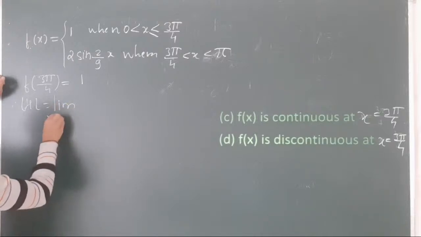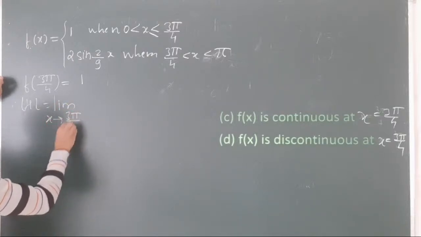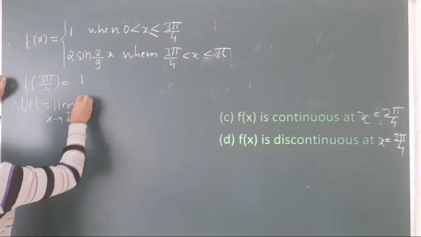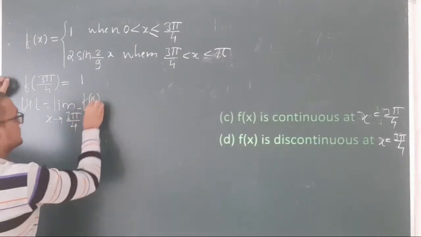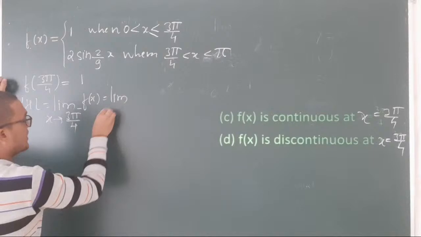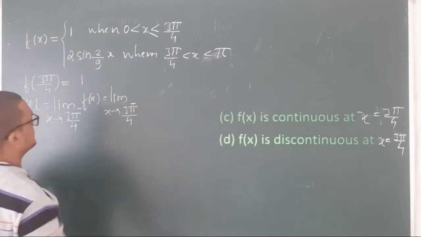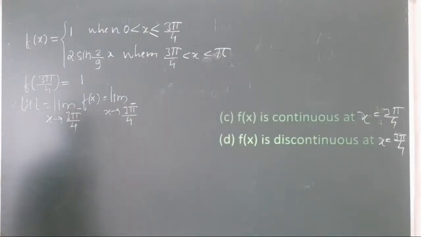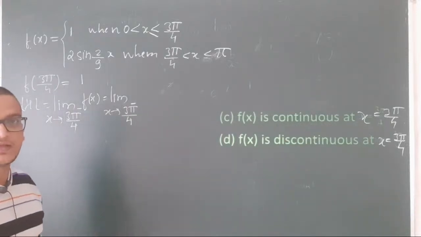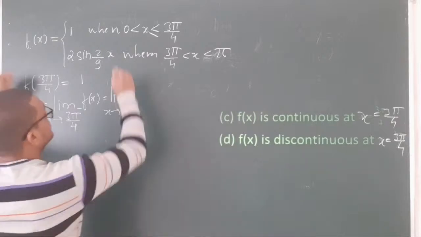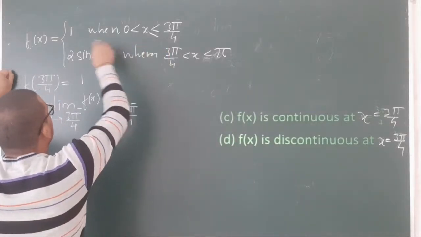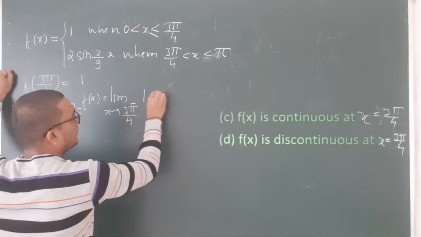Limit x tends to 3 pi by 4 minus f of x. LHL means x is less than 3 pi by 4, so for x less than that, f of x value is what? 1.